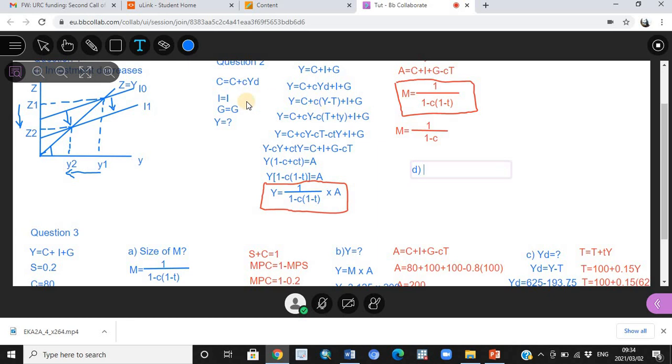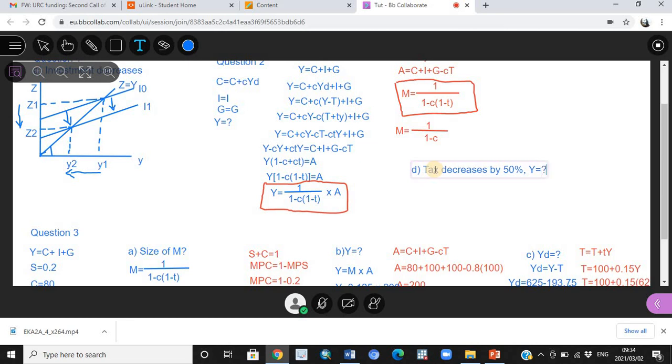We will have a sort of change in tax. Now tax decreases by 50%. What happens to equilibrium income?